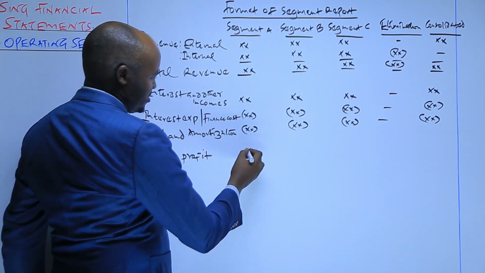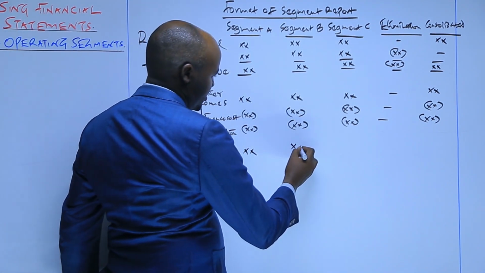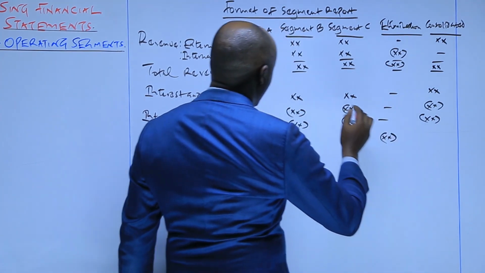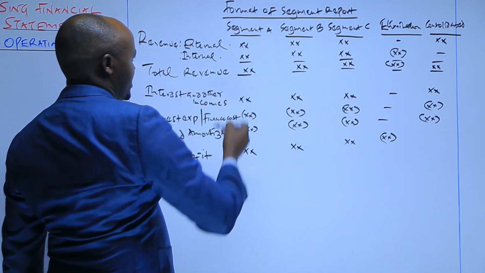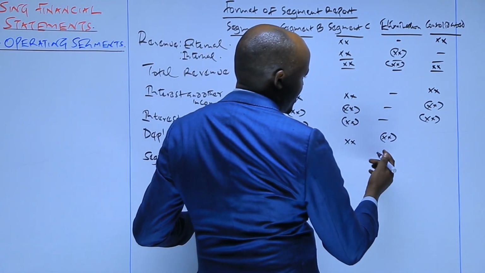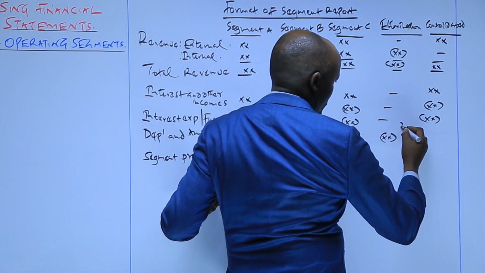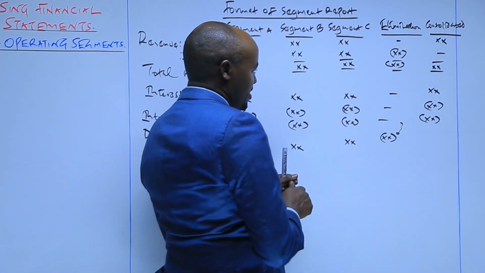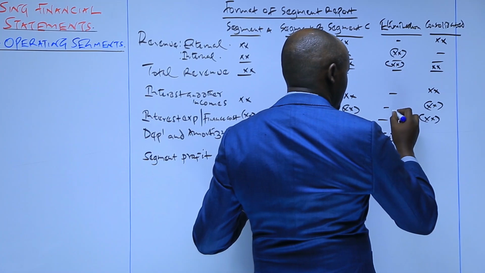This segment profit comprises profit from both the external and internal revenue. So in the elimination column here, we eliminate the inter-segment profit.